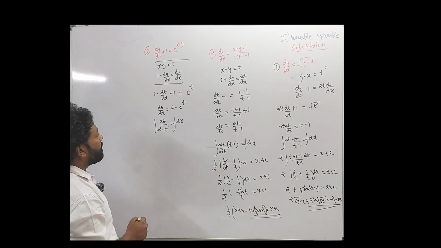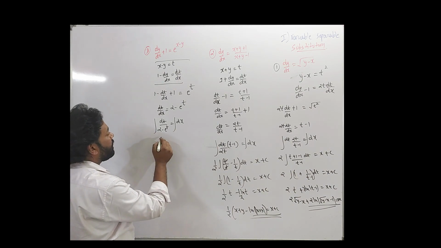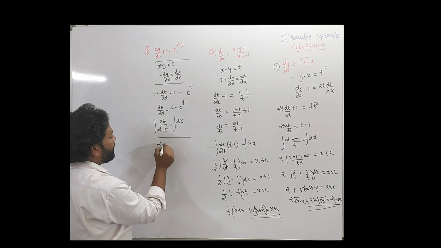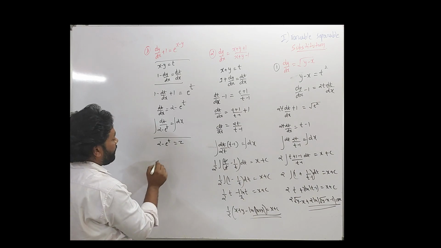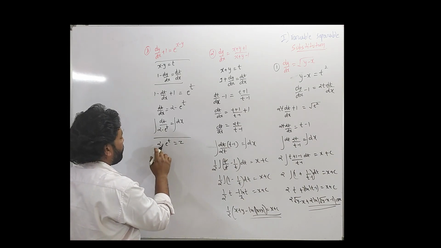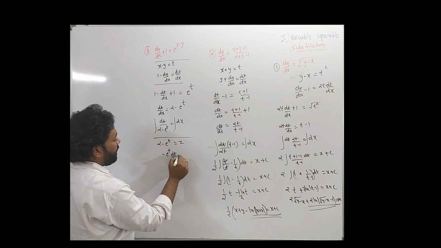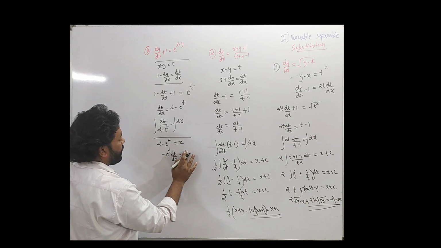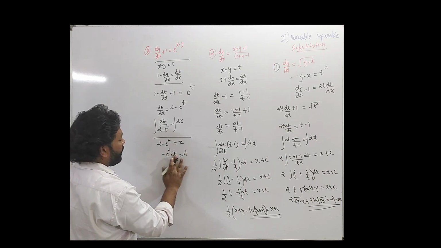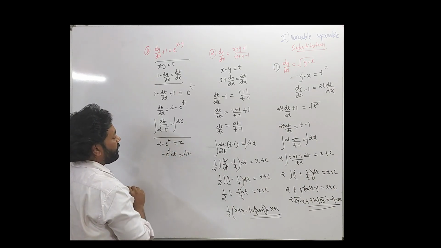To solve this integration, we'll need to use one more substitution. Let's take it as z. Differentiation of 2 will be 0, e to the power t dt, and differentiation of z will be dz.